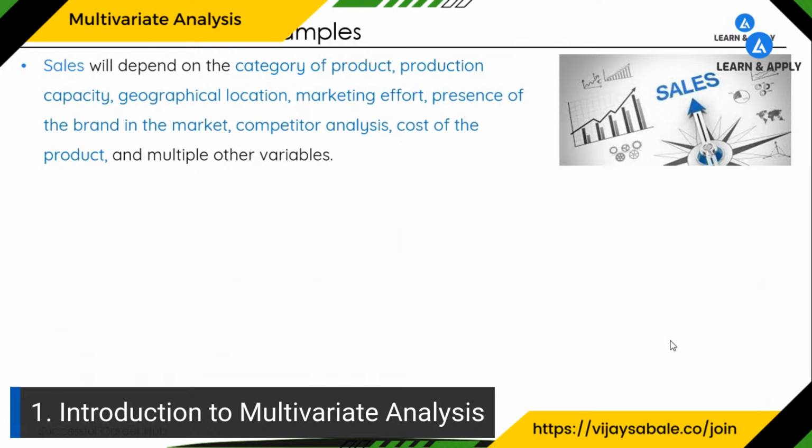If you are going to sell any product or service, it again depends on many factors: the category of the product, the production capacity of that particular organization or plant, geographical location, marketing effort, presence of the brand in the market, competitor analysis, cost of the product, and many other factors on which the sale of that product or service depends. So if you want to study sales, again it's multivariate, and we need to use multivariate analysis in that case.